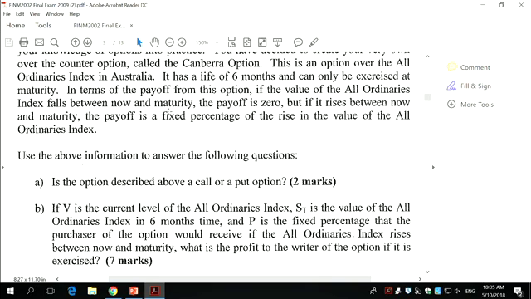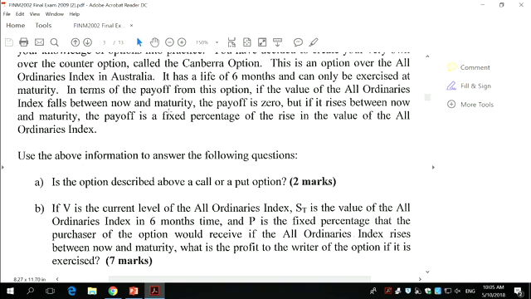How do you work out the return? ST is the final price, V is the current price. What is the increase?